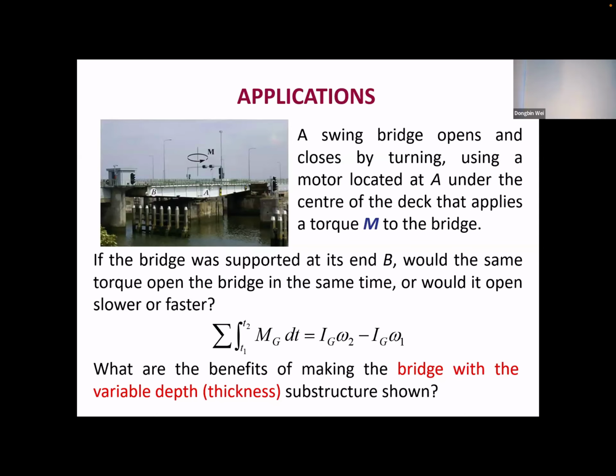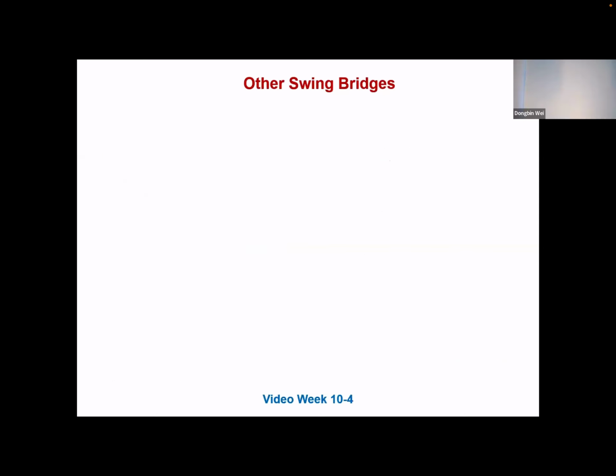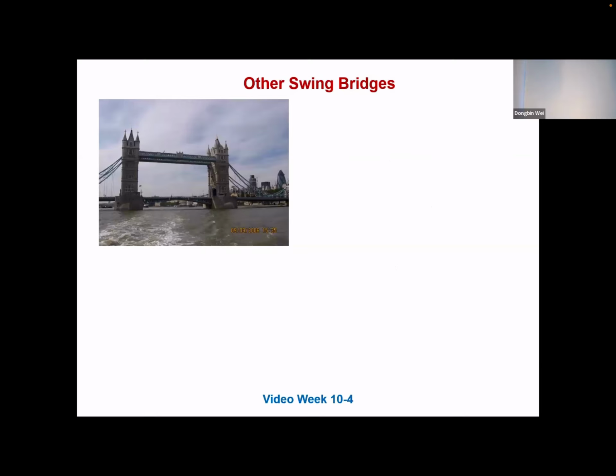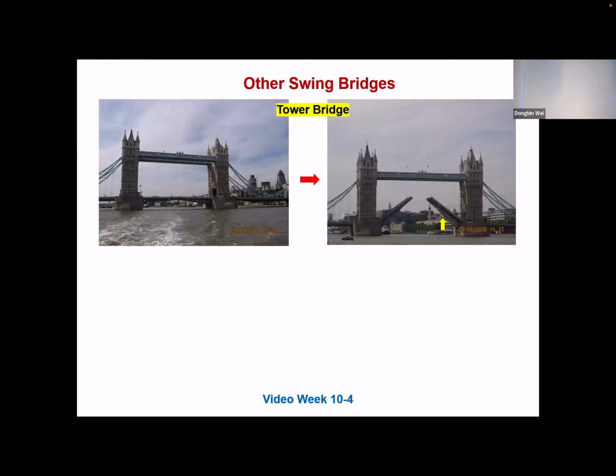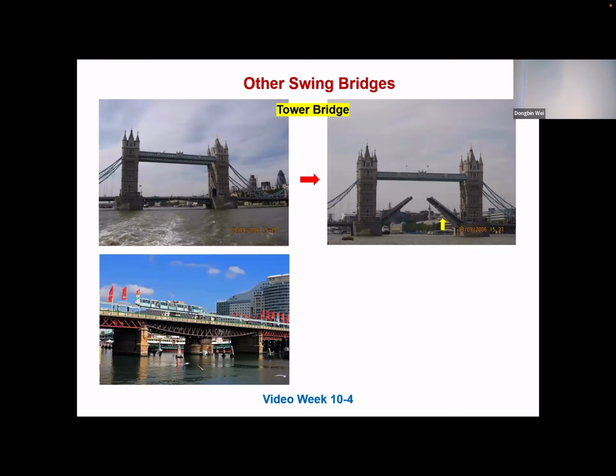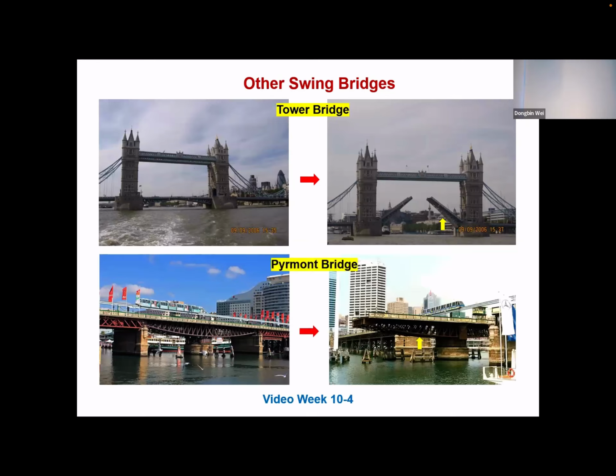Okay, here. You can see this is Tower Bridge, and there are two sections that can open and close. And this one here is a swing bridge in Darling Harbour, which can also open and close.